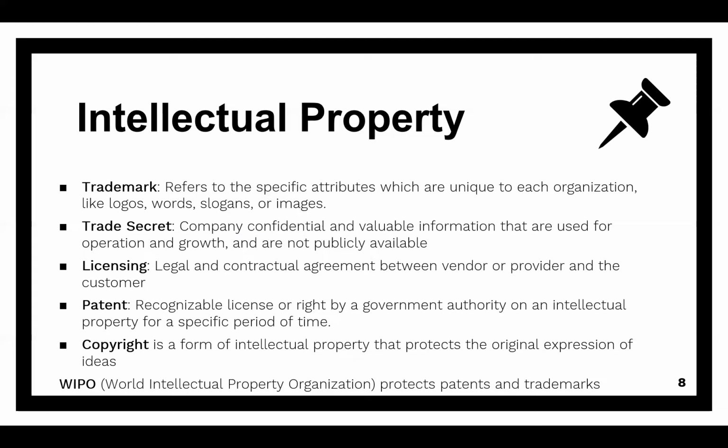WIPO, or the World Intellectual Property Organization, protects some parts of what we have here in the list, like patents and trademarks, but there are other things that companies need to think about, how they're going to protect them and how they're going to make sure that they will not be accessible by unauthorized people. And it's a very important thing to think about.